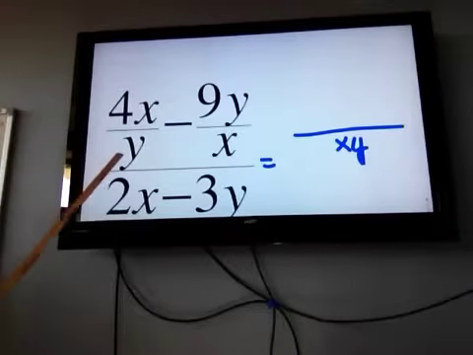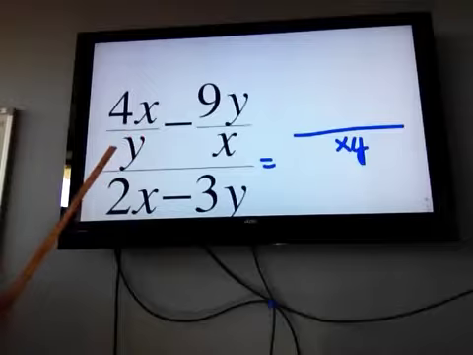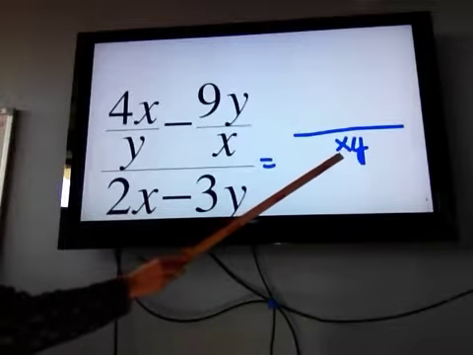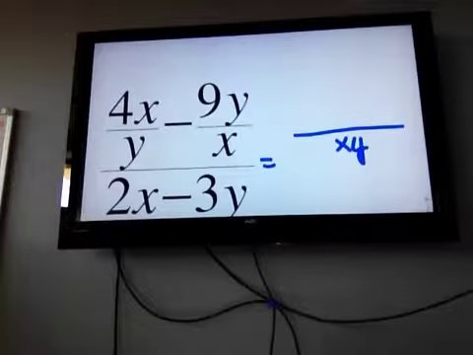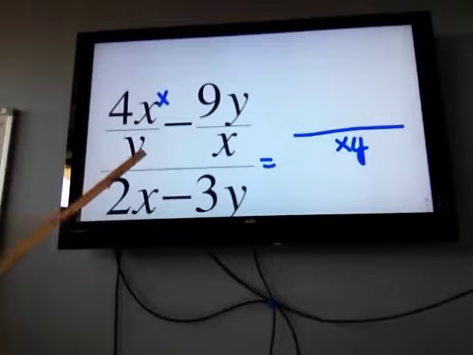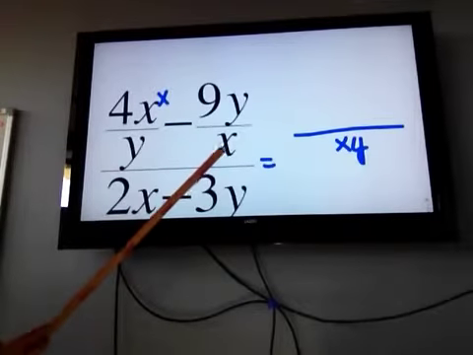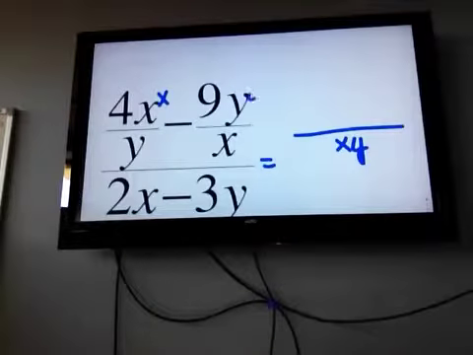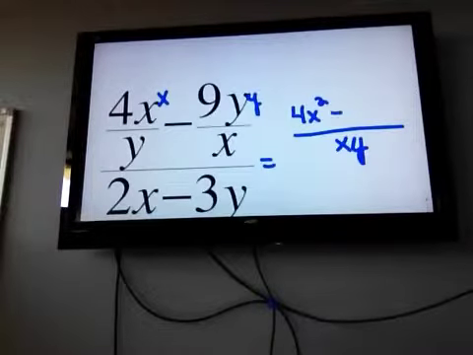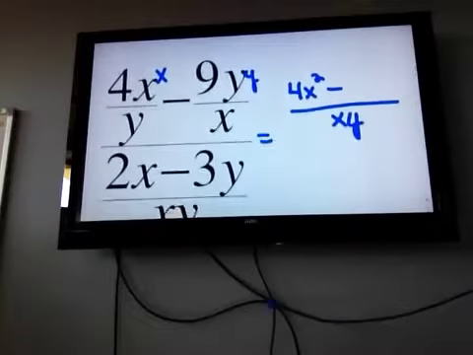And then I compare. The first denominator has a y, but it needs to be xy, which means that it's missing the x. So that's what goes up there, just like in goal 5-2. The second denominator is missing the y. So that's going to go up there. And I'm going to multiply and get 4x times x, 4x squared, minus 9y times y, 9y squared.